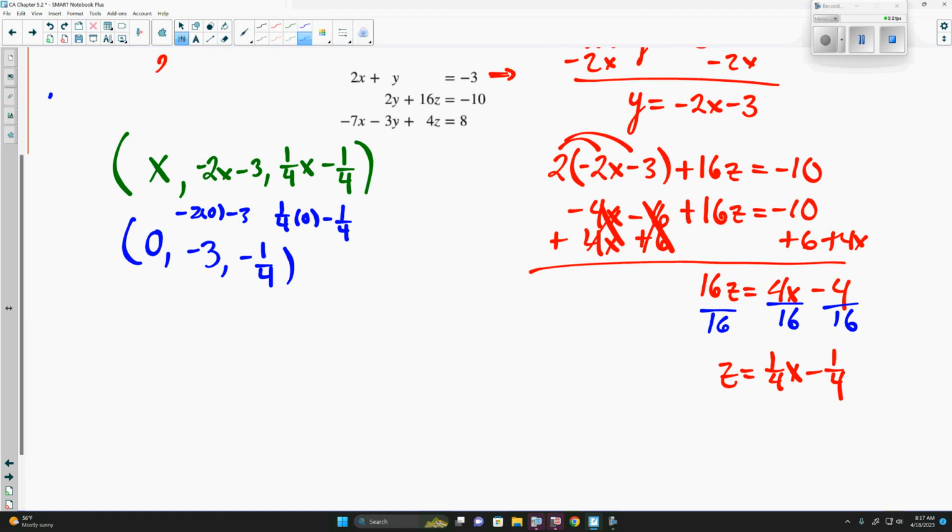We can look at the second one, 2 times -3 plus 16 times -1/4 is equal to -10. 2 times -3 is -6. 1/4 of 16 is 4. Give us -4. So -10 is equal to -10.